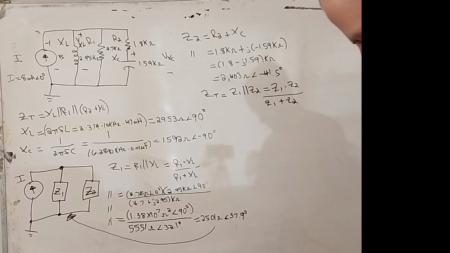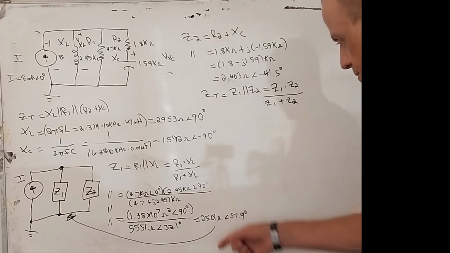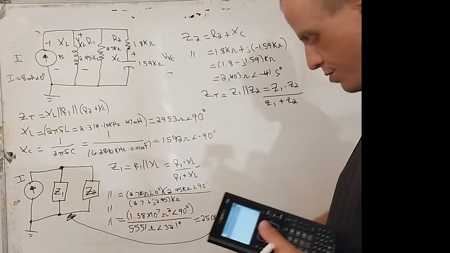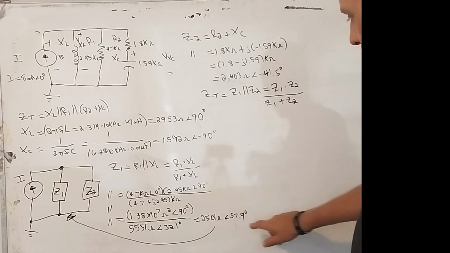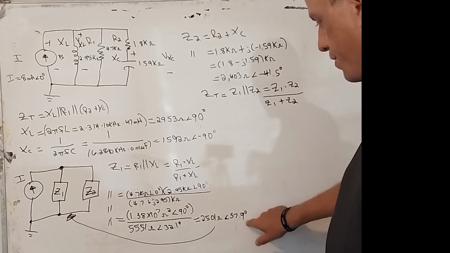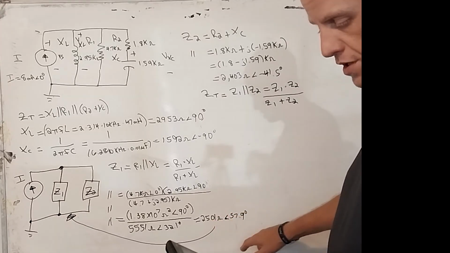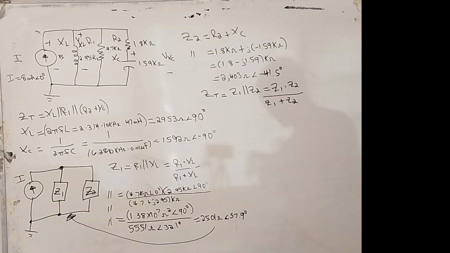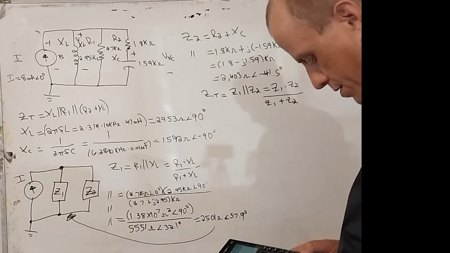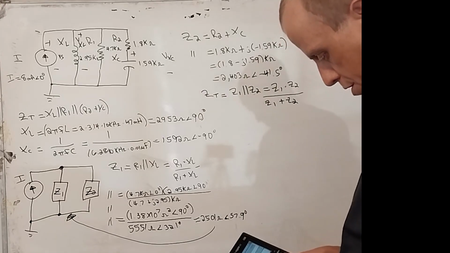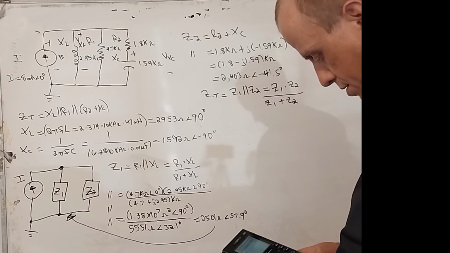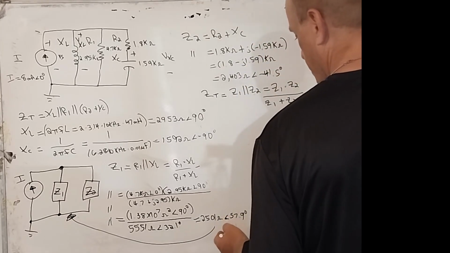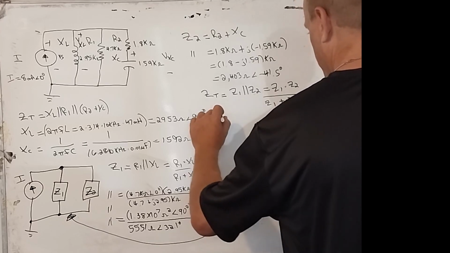I have already saved this value of ohms in the calculator as A, and this value of degrees as B. So if I take A times the cosine of B, I get 1330 ohms.